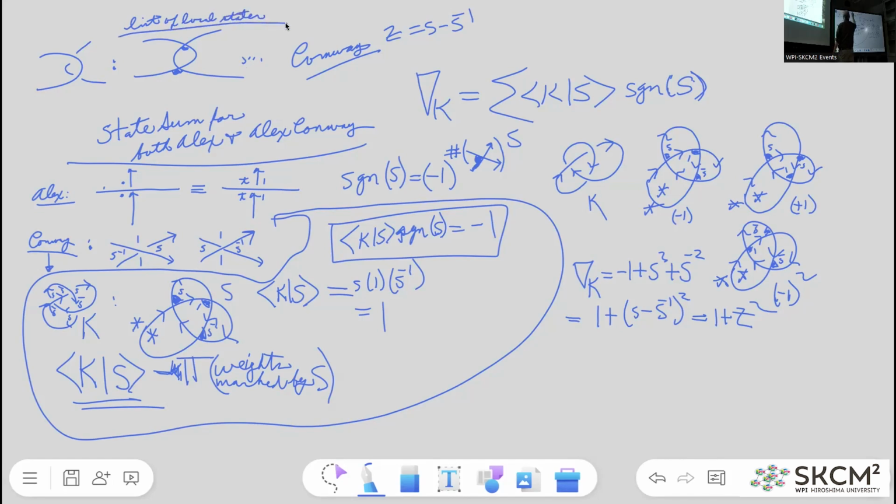And with the help of what is the list of local states and how do they behave, you can puzzle it out, and you'll find that the contributions will cancel out in the right way so that you're going to get the same result as that. Okay, just like when we worked with the bracket and we found out that things canceled out if we chose things in the right way. So, and then of course it's a more complex exercise to do the 3 moves, and the 1 move is very easy altogether. So this is the state sum.